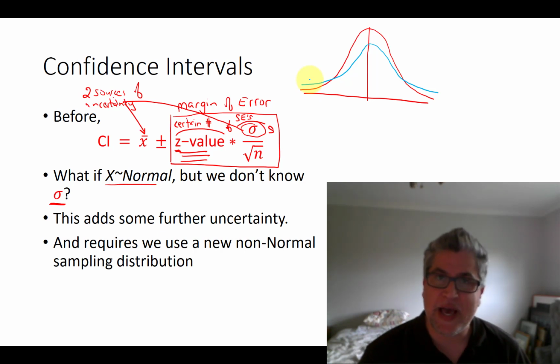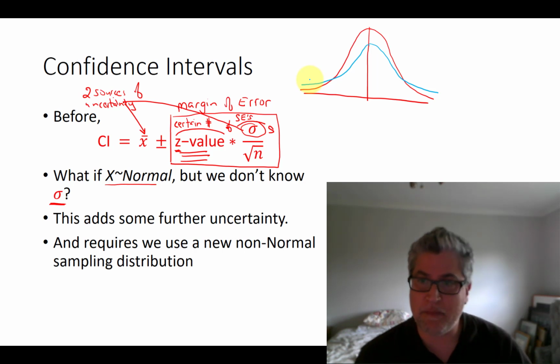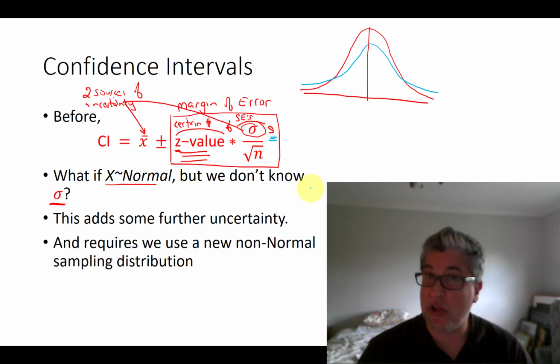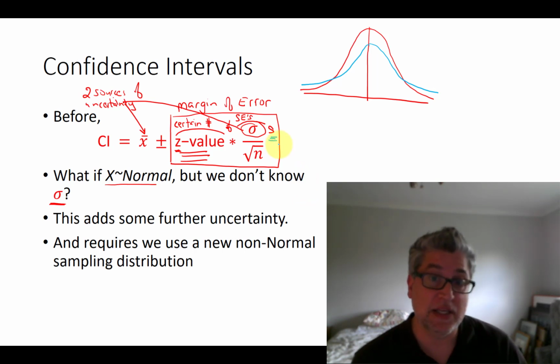And it has to do that in a way that reflects how certain we are by using a sample. If we have a really, really big sample, then we're on much more solid ground about what our guess about sigma is using our sample standard deviation, right? So large samples would indicate less uncertainty, and so we would use something more like the red line.